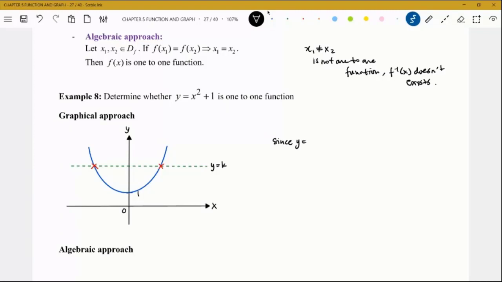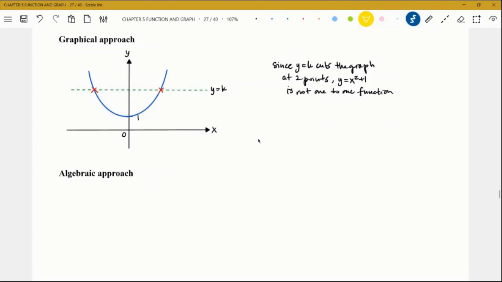Since y equal to k cuts the graph at 2 points, it means y equal to x squared plus 1 is not a one-to-one function. Okay, so that's the conclusion. Kalau dia tak cross the graph at one point, it means it's not a one-to-one function. Okay, so that one is by graphical method.